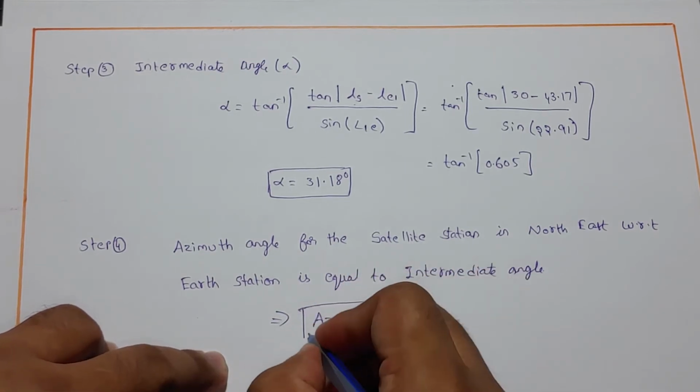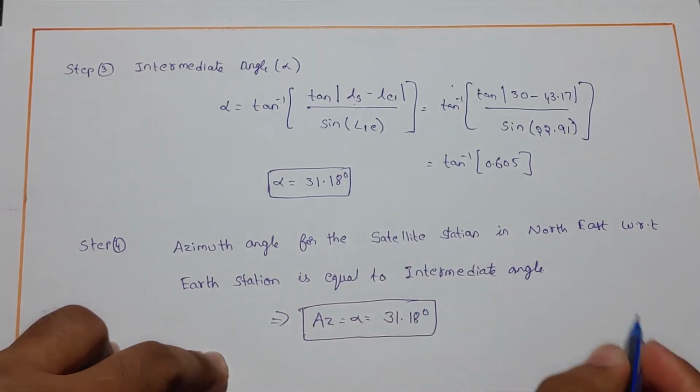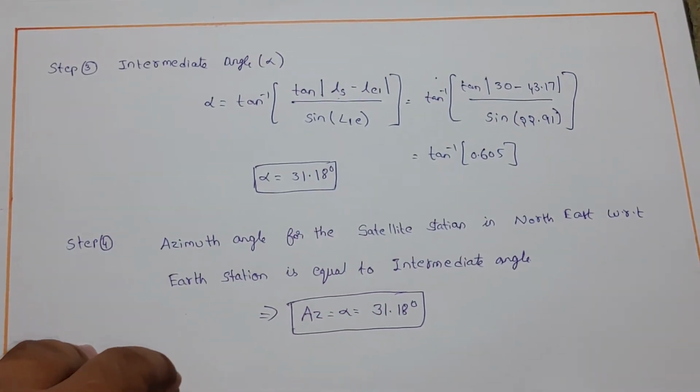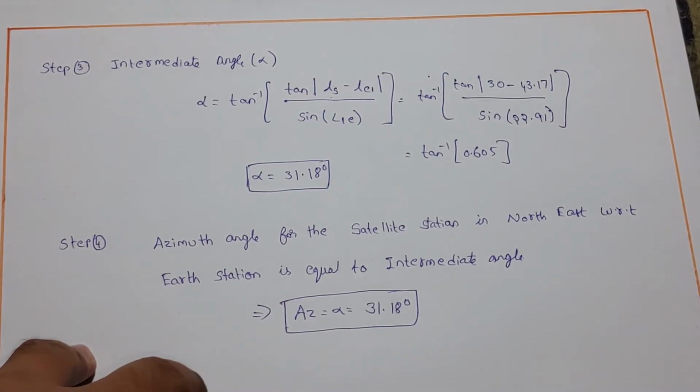So in this way we found the azimuth angle, elevation angle for the earth station antenna 1.